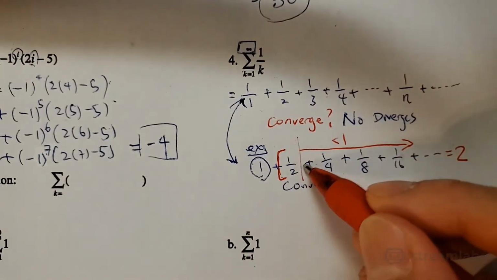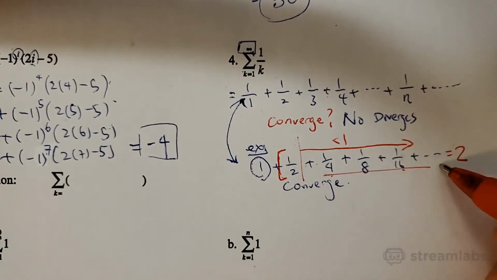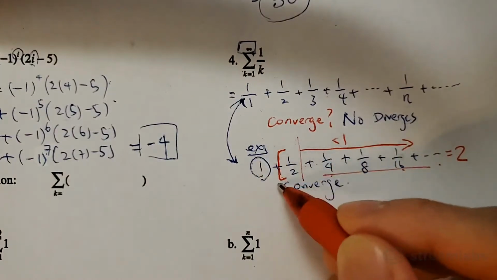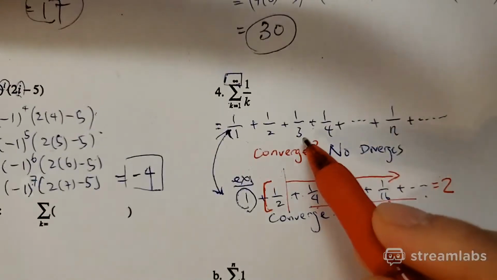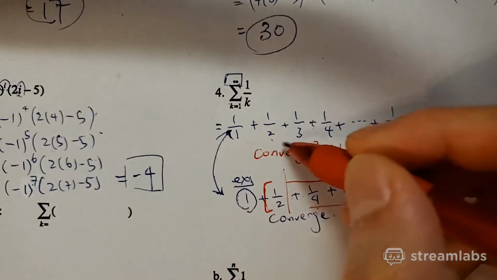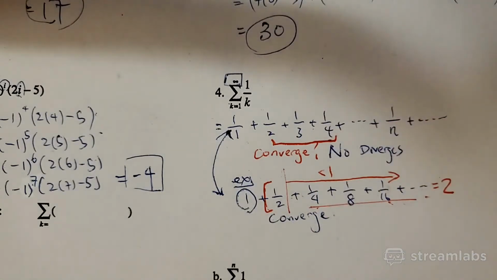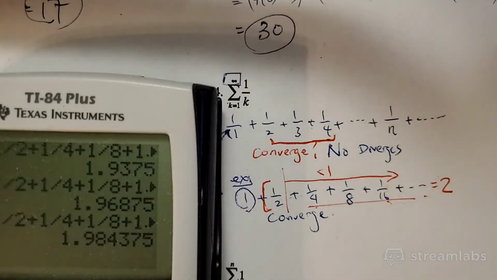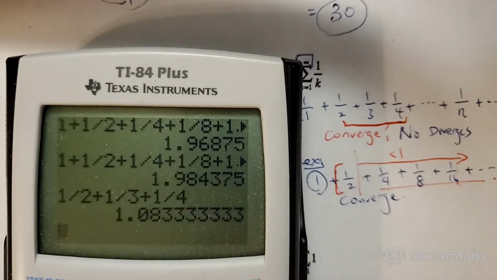Everything after 1/2 is less than 1/2. 1/4 plus 1/8 plus 1/16 plus everything after that together is less than 1/2. Everything after 1 is less than 1. Okay? But if you look at this one, what's 1/2 plus 1/3 plus 1/4? Just look at these three. 1/2 plus 1/3 plus 1/4 is about 1.08.